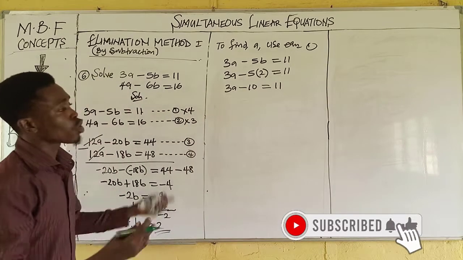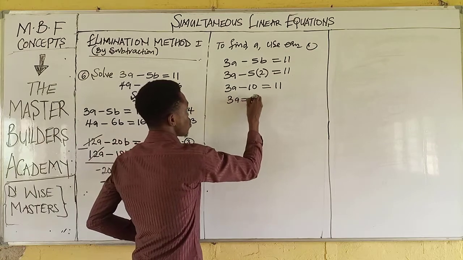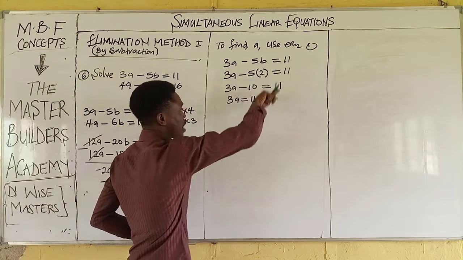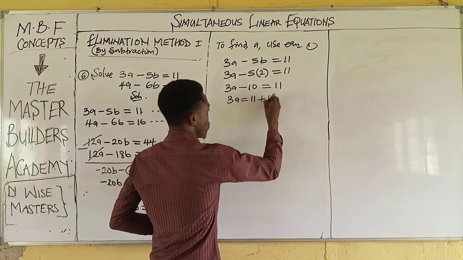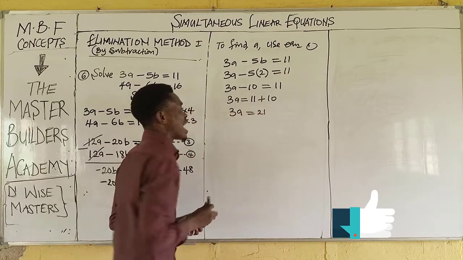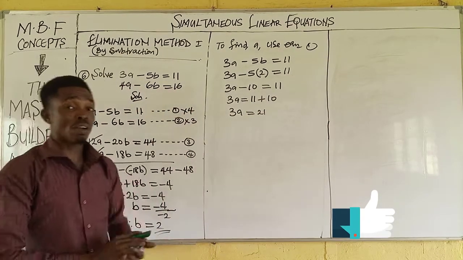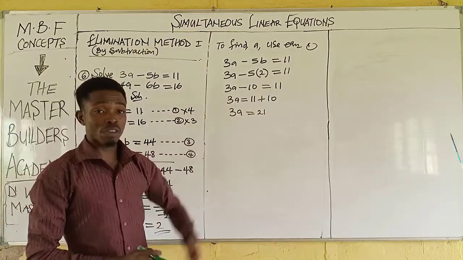Now the next thing we are quickly going to do is to collect like terms. And this will give us 3a is equal to 11. When -10 crosses from the left hand side to the right hand side, it becomes +10. Now 3a would have given us 21. And we are not supposed to stop here because the coefficient of a is greater than 1. And what must we do to reduce the coefficient of a to be 1?